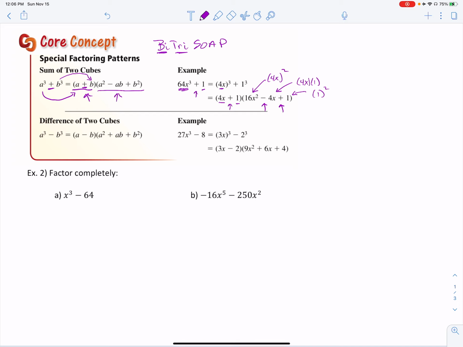And then for the signs, the S is for the same sign as in the binomial. And then in the middle term in the trinomial, the sign is opposite that. And then the last sign here is always positive.